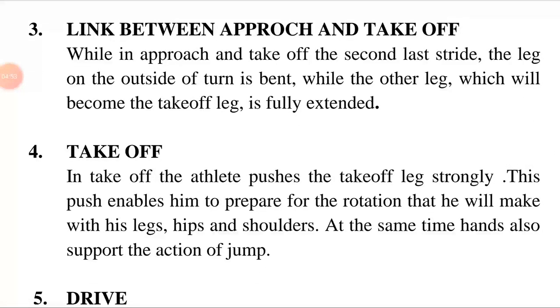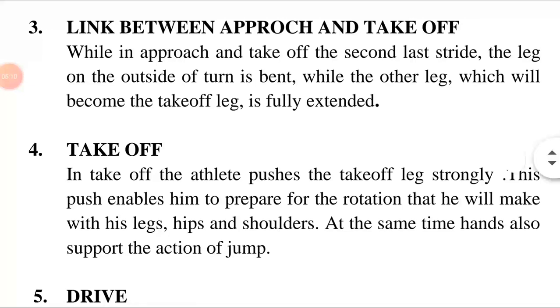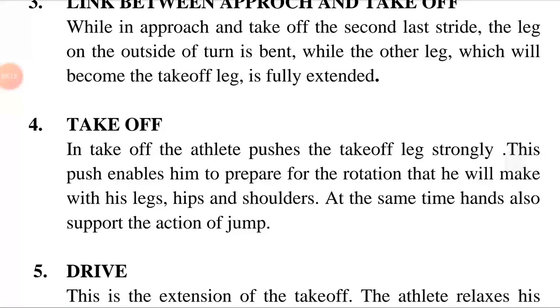Link means a relationship between two things. Between means middle. Approach means coming near in distance, and along with means together with. Takeoff means to run or flee. While in the approach and takeoff, in the second last stride, the leg on the outside of the turn is bent, while the other leg, which will become the takeoff leg, is fully extended.